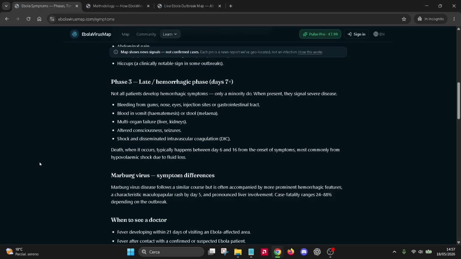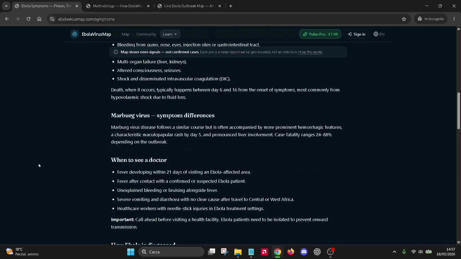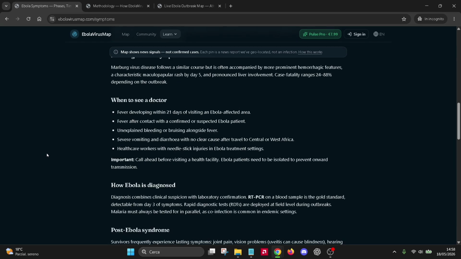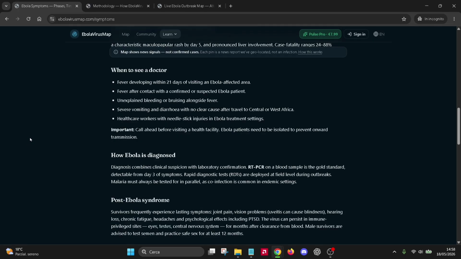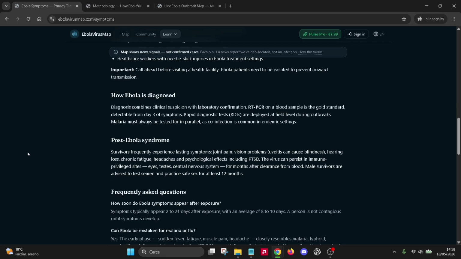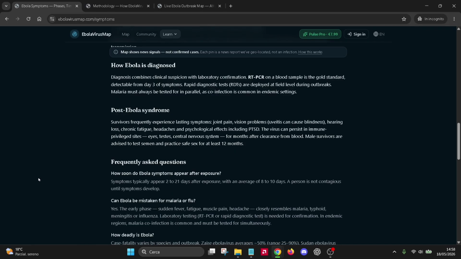Symptoms often begin with fever, fatigue, headache, and muscle pain, and can progress to vomiting, diarrhea, internal bleeding, and multi-organ failure. Although Ebola is not as easily transmitted as respiratory viruses, its high case fatality rate makes early detection critically important.